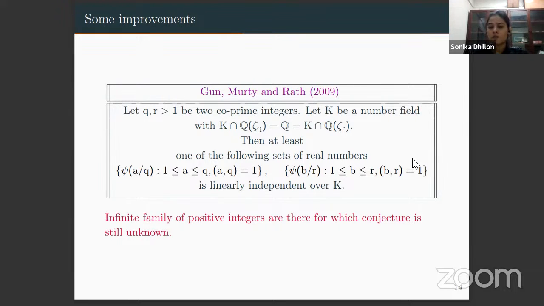There exists an infinite family of integers satisfying those conditions for which this theorem doesn't tell anything.